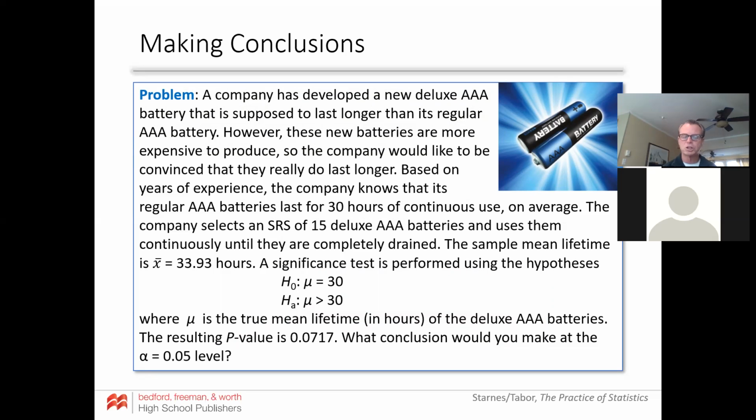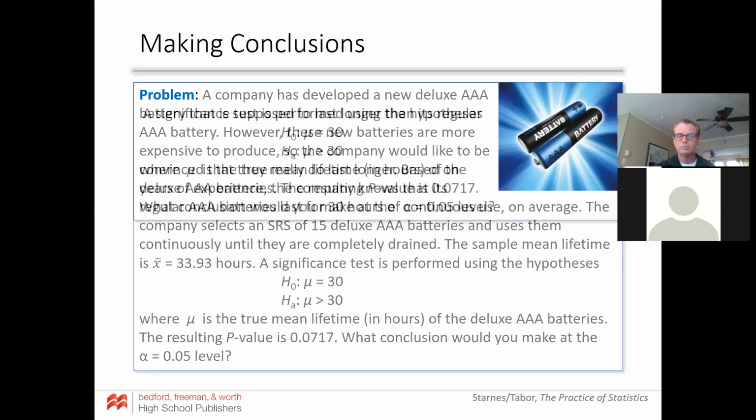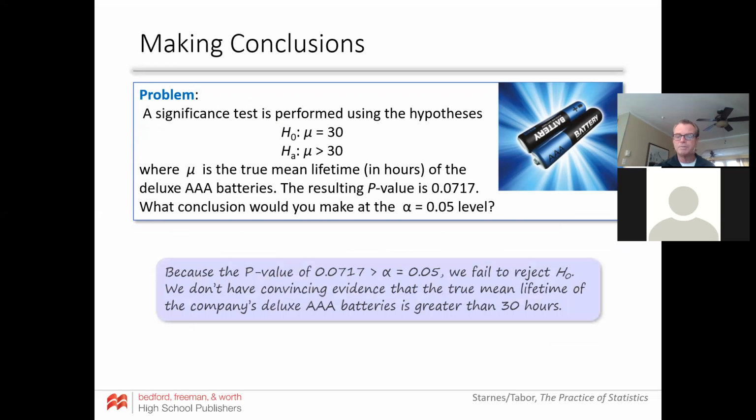They're saying the null is 30 hours. And they're testing the alternate that it's larger than 30. Well, really the whole screen is about the last two lines. The p-value is 7.17%. We compare it to the alpha level. It's larger than the alpha level. Okay? If it's bigger than the alpha level, F2R. We failed to reject the null. There is a lack of evidence that the true mean lifetime, the parameter, is greater than 30.